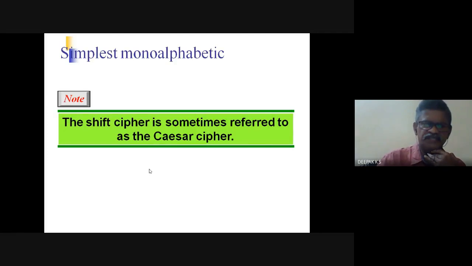The shift cipher is sometimes referred to as the Caesar cipher. We generally use it as the simplest monoalphabetic cipher.